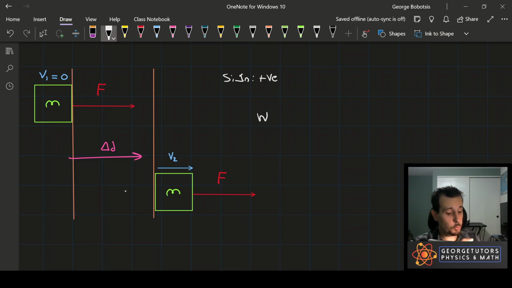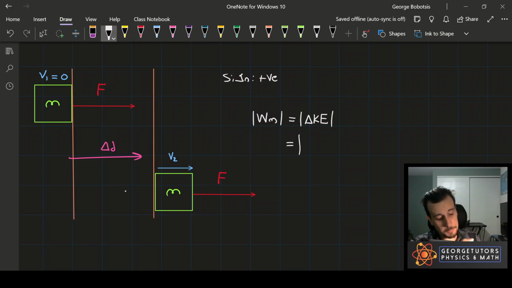But for the size of the work done on the box, this time around, I don't have any information on the distance that the force is acting on. However, I have information on the kinetic state of the box. And I can use, again, the work energy theorem to claim that the work done right now on this box is going to be equivalent to the change in its kinetic energy state. So instead of F dot delta D, I use the kinetic energy information right now.